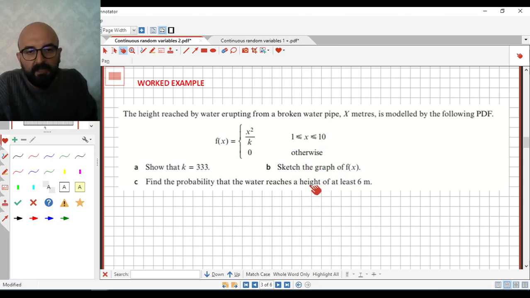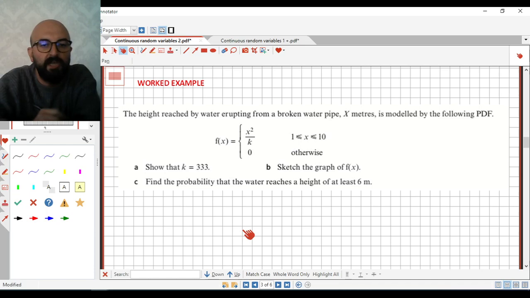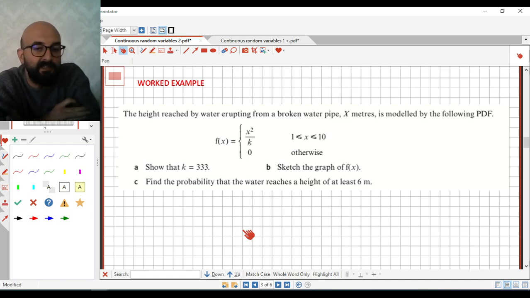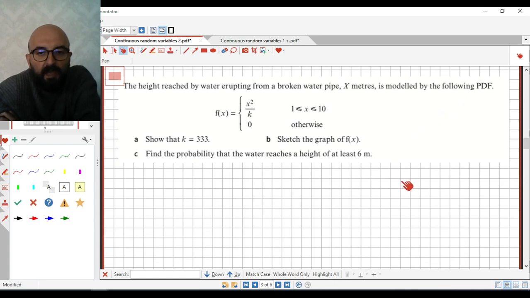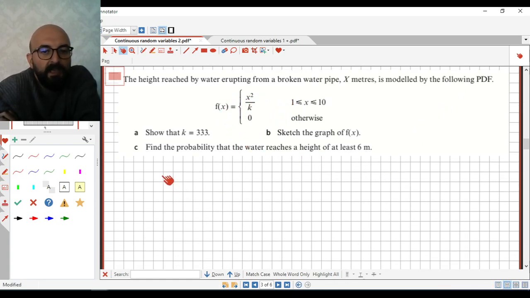Now we will compute an example, and I hope you can easily understand the probability density function. The height reached by water erupting from a broken water pipe, x meters, is modeled by the following PDF. Our PDF here shows that k equals 333.